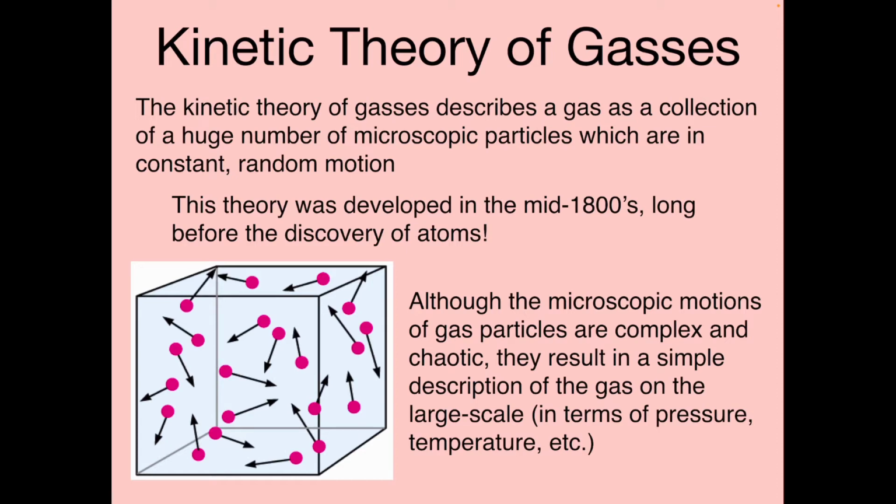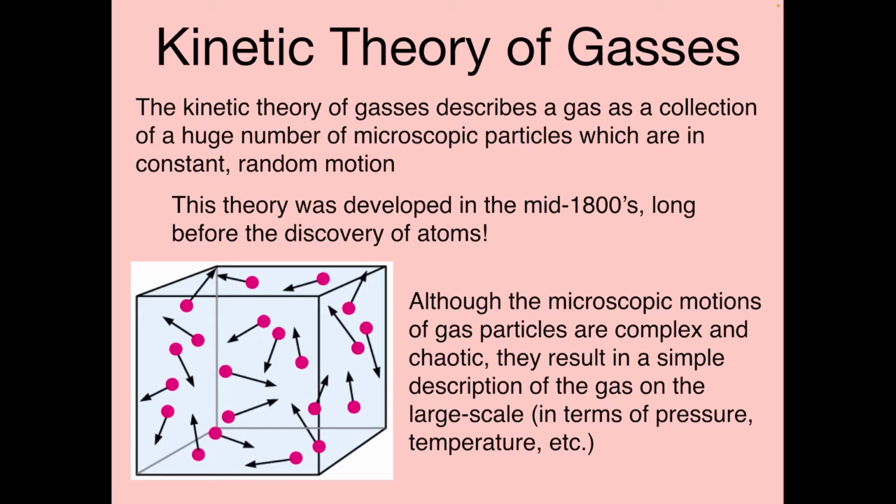The idea was if you take some chunk of matter and you divide it into smaller and smaller pieces, are you going to reach a smallest piece, a fundamental building block of all matter? Or can you just keep dividing it indefinitely? That was an argument that people had at the time, and again, there was no uniform agreement about this.